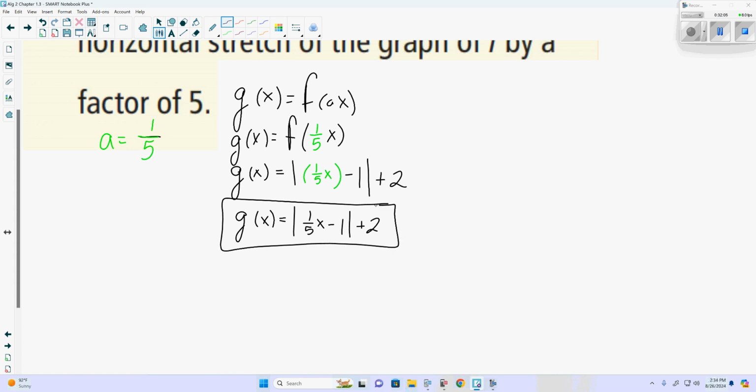So the only key to horizontal is making sure to flip that value of A that they give us, that value of the stretch or shrink. Because for us here, applying that transformation, it's nice to know if it's a stretch or shrink. But once they give us that value, we need to flip it. And that is it. Questions on this here? We feel good with this here?